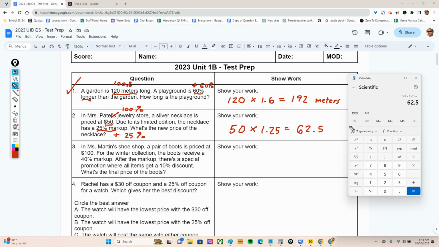Got to get those right. It's early in the morning, so it's going to take me some time to wake up, but I'm still getting it done. So 1.25, that looks like a reasonable answer because it's 50 plus 25%. That looks about right. It should be more than $50. Okay, so that looks reasonable.